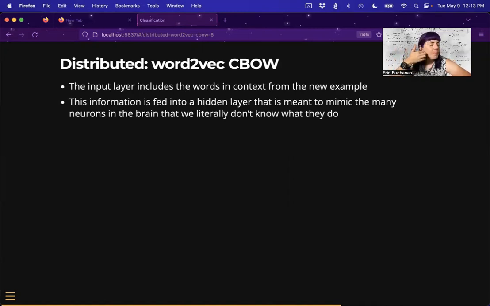It's kind of meant to mimic the hidden layers in the brain. There's a lot of sections of the brain that do stuff. There's a lot we don't understand about the brain, but there are a lot of neurons. There's no one neuron for the letter C, right? The way this tends to work is a lot of neurons fire off and you go, ah, cat.